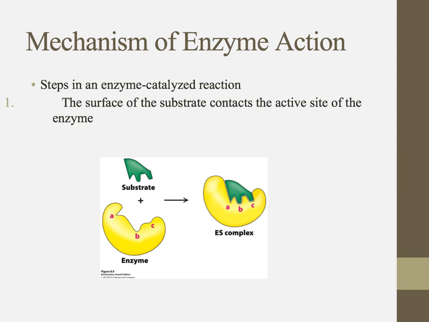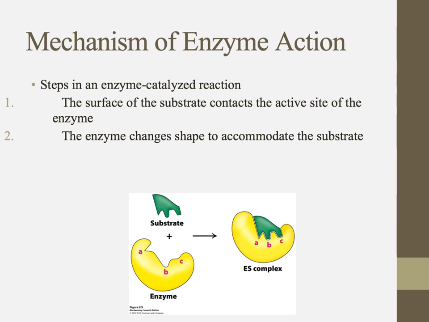So let's break down how these enzymes really work. The first thing that's going to happen is the surface of the substrate, whatever reactant is in our equation here, is going to make contact with the surface of the active site of our enzyme. Then the enzyme is going to change its shape to accommodate the substrate. Again, that's our induced fit model.